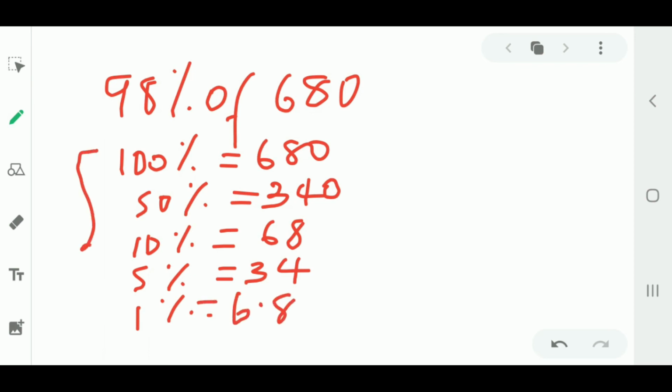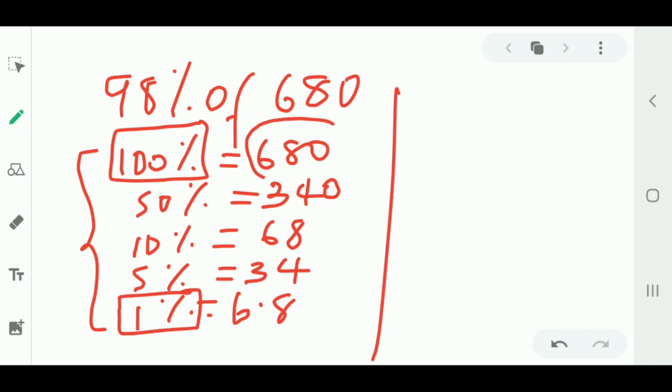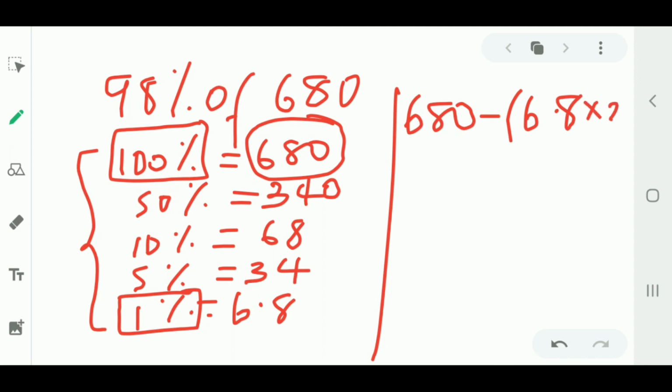So we always use these 5 keys: 100%, 50%, 10%, 5%, 1%. Now we look to see how we can get 98. A very easy way to get 98 is 100% minus 2 times 1%. So that would be 680 minus 6.8 times 2, which would give you 666.4. And that's all there is to percentage.